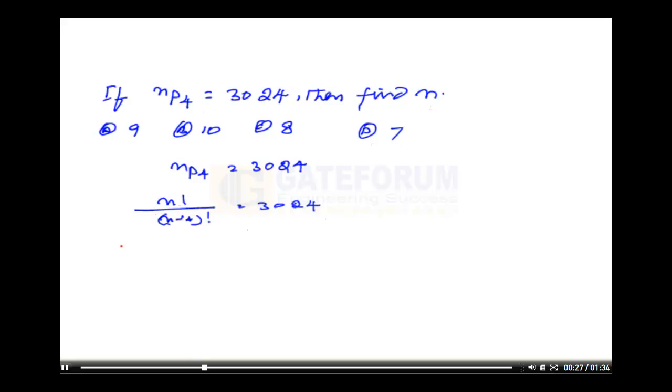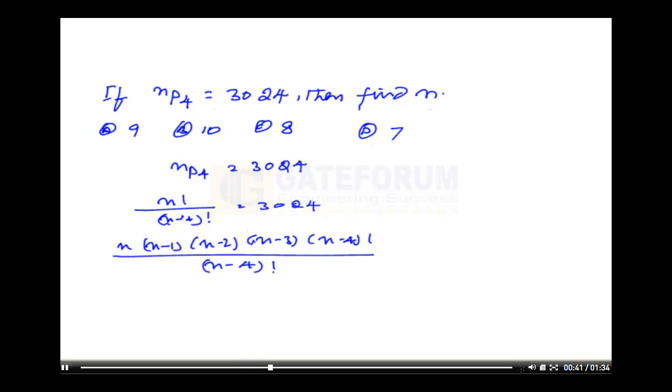We can expand n factorial into n, n minus 1, n minus 2, n minus 3, n minus 4 factorial by n minus 4 factorial. Now we shall cancel the terms.